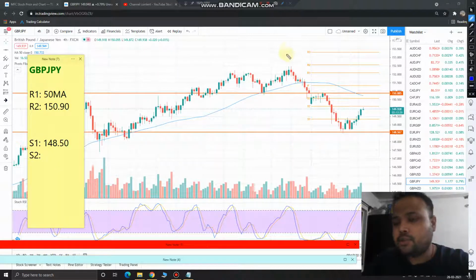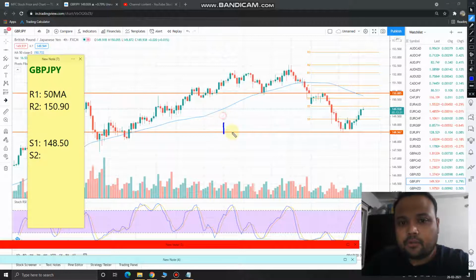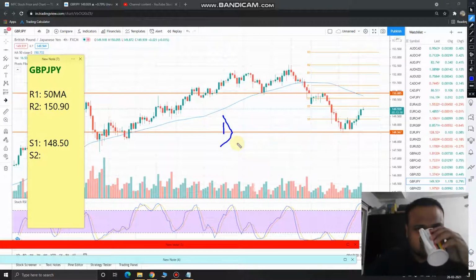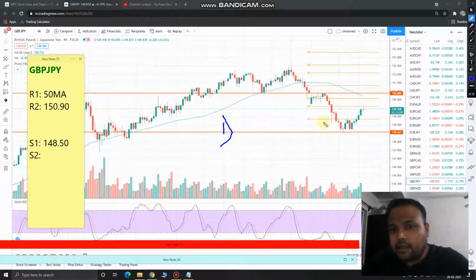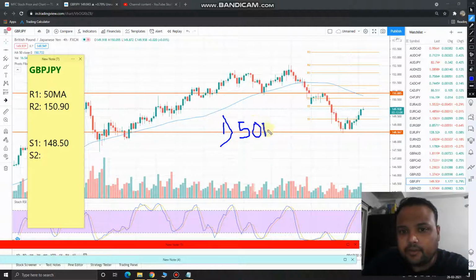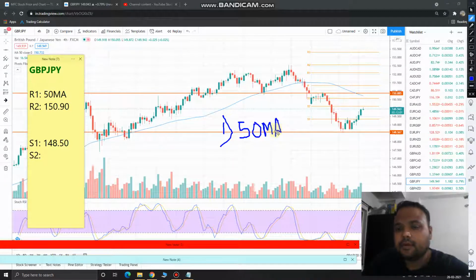We have many opportunities in this chart. First of all, as you can see, the market is going upward. The first opportunity that comes in front of us is that if the market goes up from here, just observe the price at the 50 moving average, which is also the first resistance for the market.